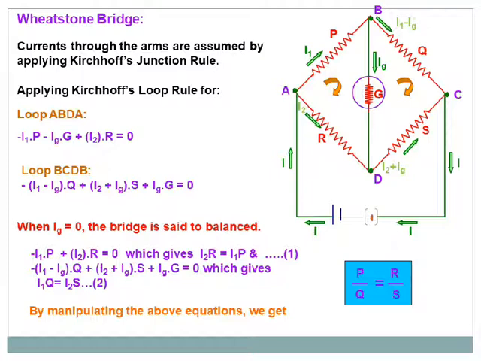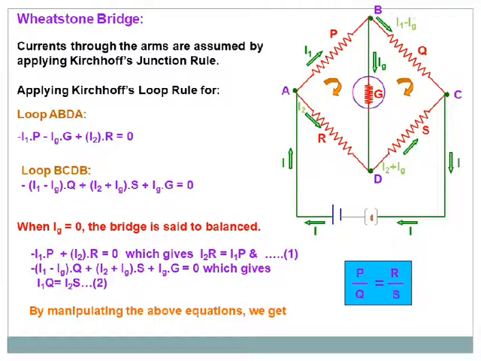The current at B is I1 minus Ig. Similarly, at D, it is moving towards the galvanometer, so it is plus Ig. That's why I2 plus Ig is there. Consider the second loop, which is BCDB. The current is moving along the path, so that's why you can say minus, into a bracket, because there are two currents, so we are putting a bracket.